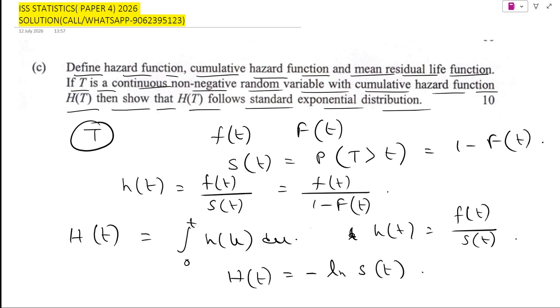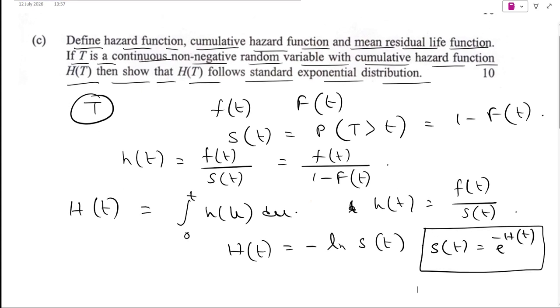And therefore, another important expression follows. This formula tells us that the survival function and the cumulative hazard function are two different ways of expressing exactly the same information. So whenever one is known, the other can be obtained immediately.